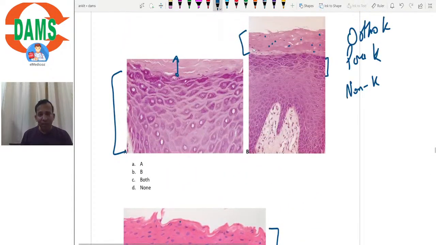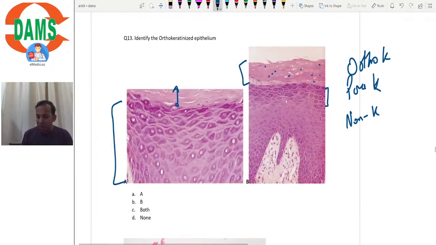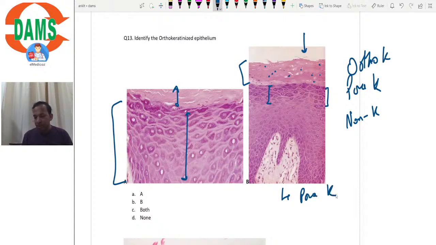Whereas in these two diagrams, you can notice that stratum granulosum is present in both, but nucleus is present in the outermost layer in diagram B. So diagram B represents parakeratinized, whereas diagram A represents orthokeratinized. Is it clear?